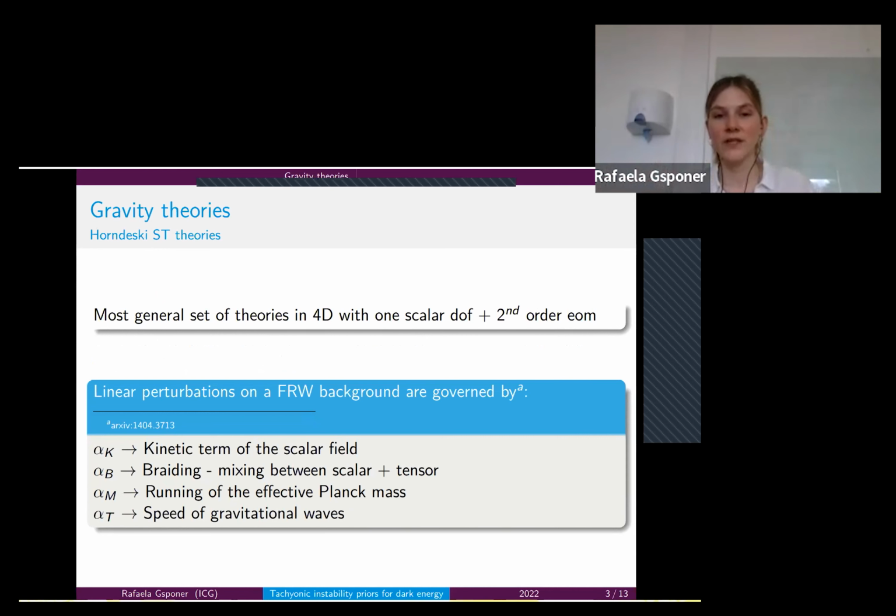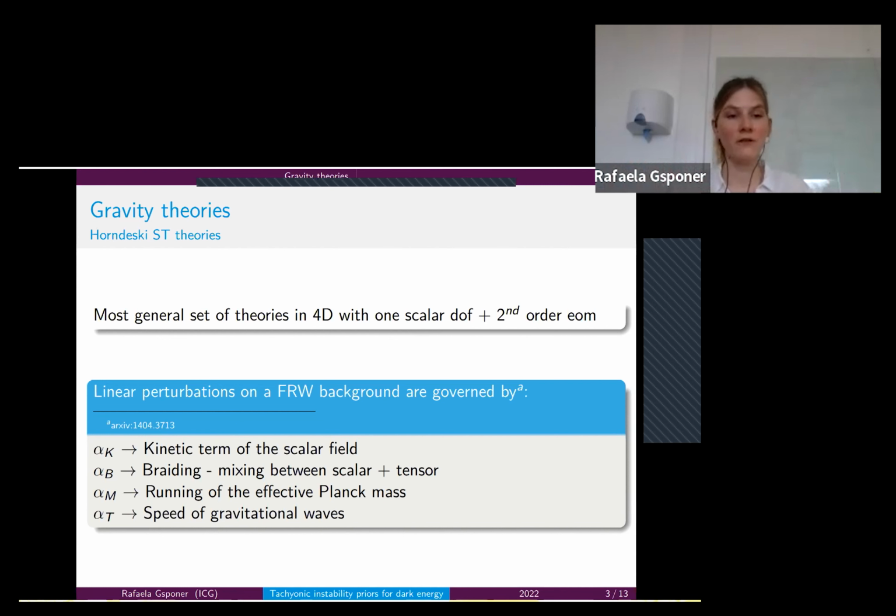In 2014, a paper nicely showed how you can perturb the action of Horndeski scalar-tensor theory around an FRW background, and split nicely the background and its linear perturbation, where we can keep track of the background solution simply by looking at the Hubble parameter and describing our dark energy model by just 4 parameters.